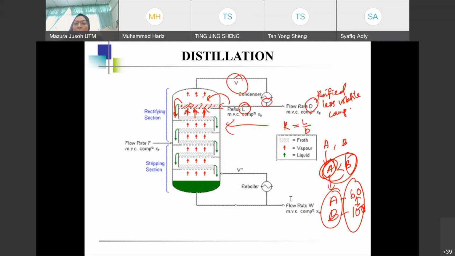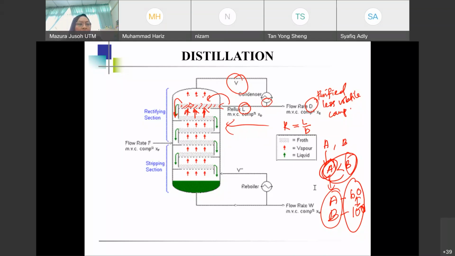Okay, Nizam, why are you saying to maintain liquid quantity on the tray? Can you explain your thoughts? Because I think when for example component A is vaporized, then it will condense, so at some point it'll be out of liquid.